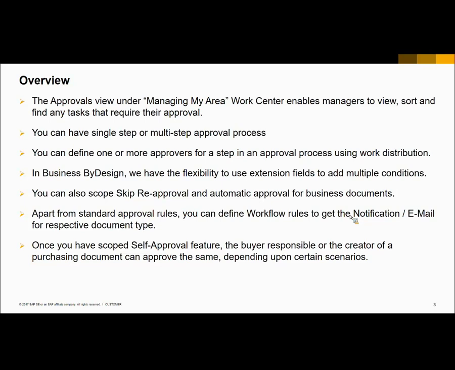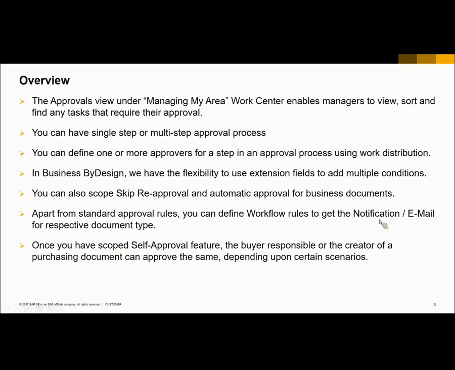We also have a couple of checkboxes in the approval process that we have: skip re-approval checkbox and automatic approval checkboxes. This really helps to avoid repeated business tasks for the specific employee. So this avoids time consumption and really helps to focus on the tasks which need an approval process.